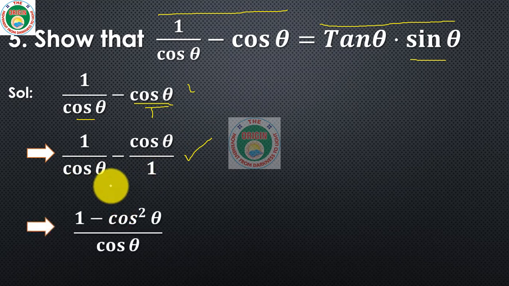Then cos θ by cos θ, the denominators divide: cos θ by cos θ is 1. The resultant is multiplied with the numerator, 1 into 1 is 1. Cos θ by 1 is cos θ, and that cos θ into cos θ is cos square θ.